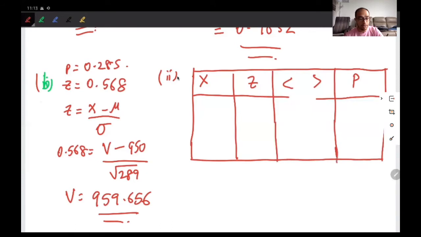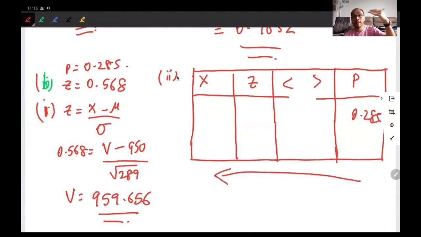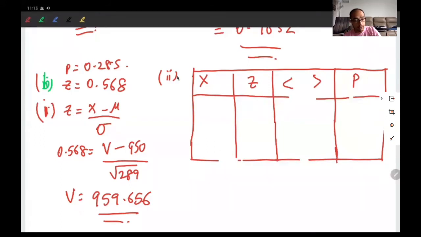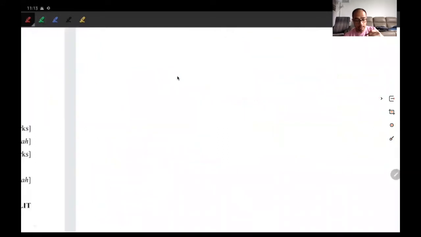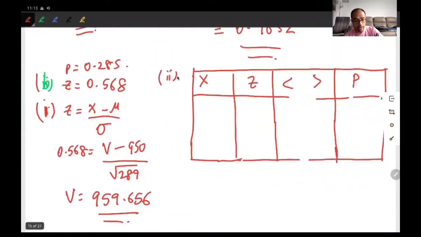In the first question just now, I started with the probability 0.285 and worked my way from right to left. Now we're working from left to right because we have two X values, 920 and 960.